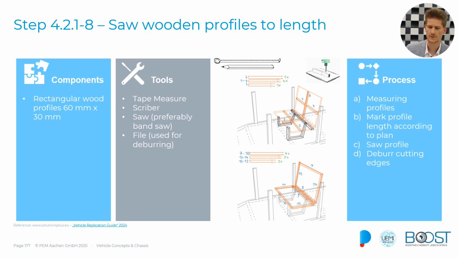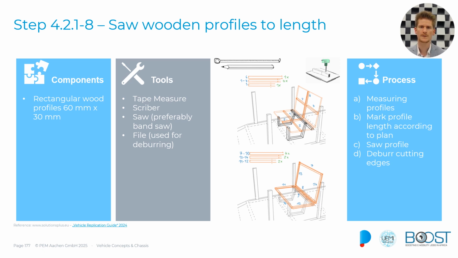Rectangular profiles out of wood, 60 by 30 millimeters, would be all right. You use a tape measure, scribe, saw and file, and you measure the profiles, taking the maximum width that you can take within the vehicle. Then you mark the profile length, and then you saw and deburr these wooden profiles that you've cut to length.